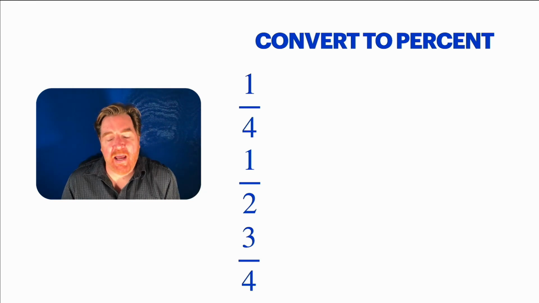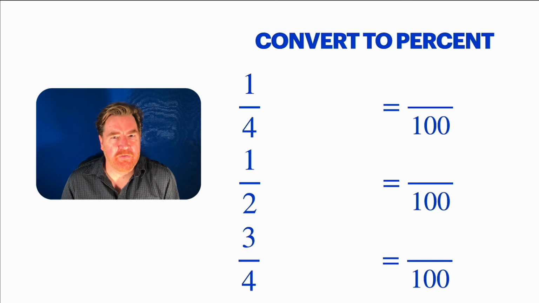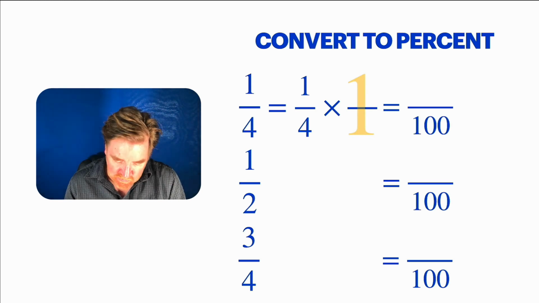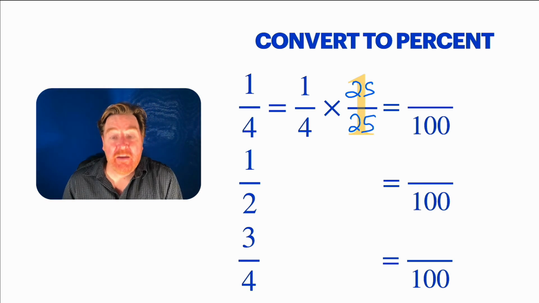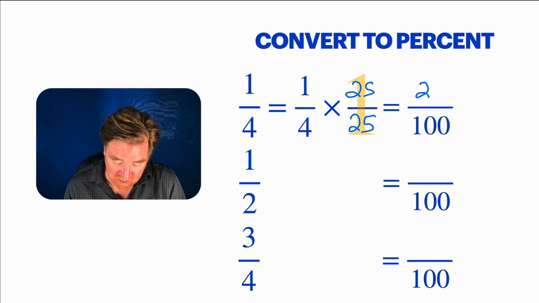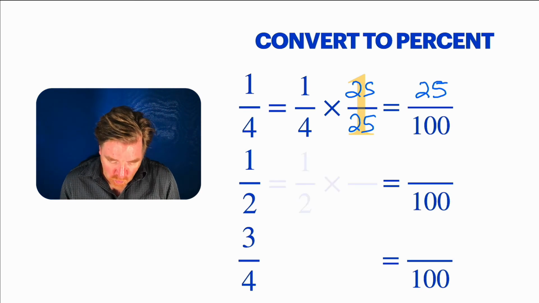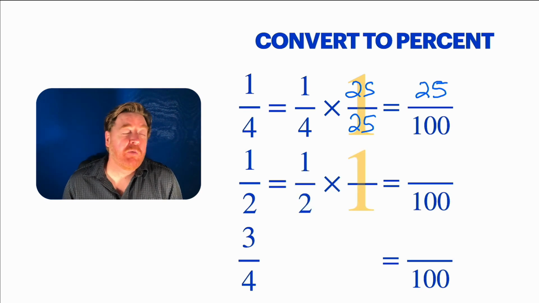So let's convert those into hundredths. Same thing as all the others, let's find the appropriate ones. So 1/4 times, it looks like 25/25 is the one we need there. 4 times 25 is 100. 1 times 25 is 25 hundredths. So 1/4 is 25%.